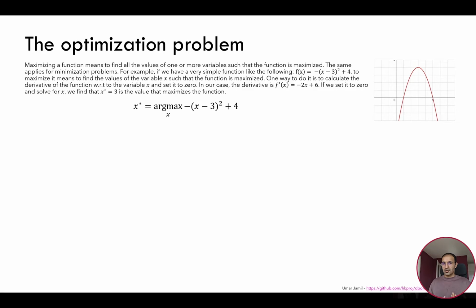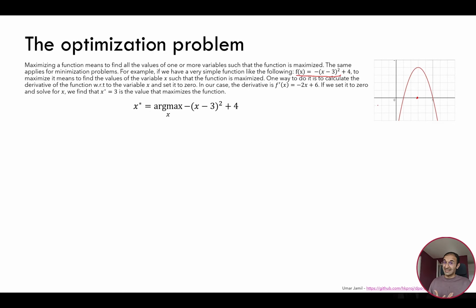Maximizing a function means to find the values of some variable such that the value of the function is maximized. For example, if I give you the following function, f of x is equal to minus x minus 3 plus 4, whose graph is very simple, it's just a parabola facing down. To maximize this function means to find the value of the x variable such that the y of this function is maximized.